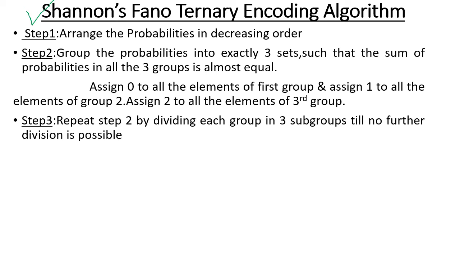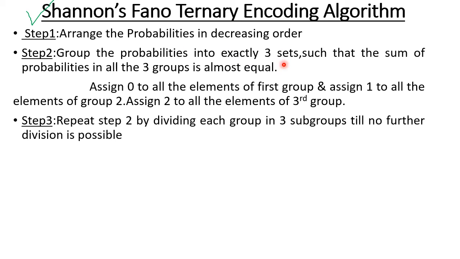So first arrange the probabilities in decreasing order. Second step, group the probabilities into 3 groups. Since it is ternary, 3 groups. In the previous concept it was binary, only 2 groups.